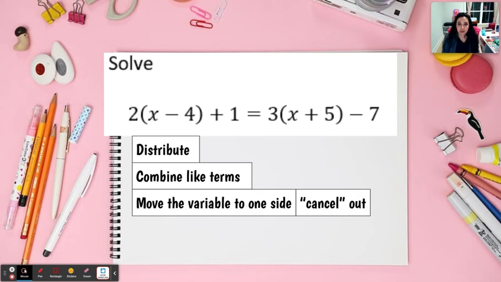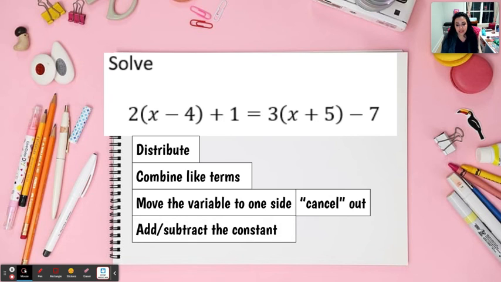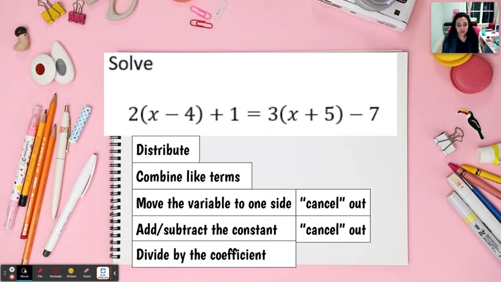So cancel out the variable on one side and do the same together. Next, you're going to add or subtract the constant. Now we're getting to that two-step equation that you've been practicing since 7th grade. Again, we're canceling out here. And the final part is divide by the coefficient. Same thing. You're performing a canceling operation.